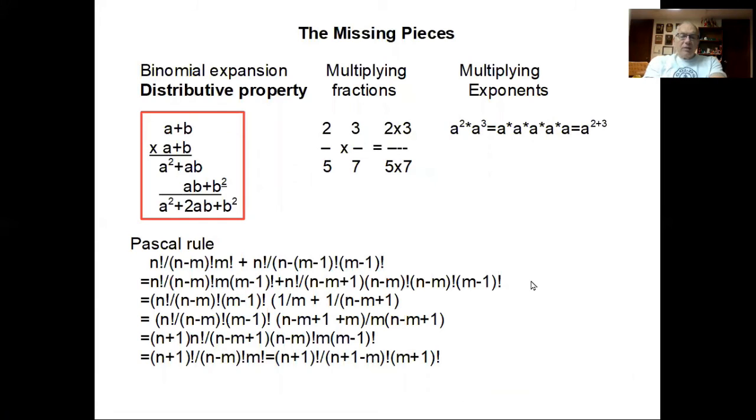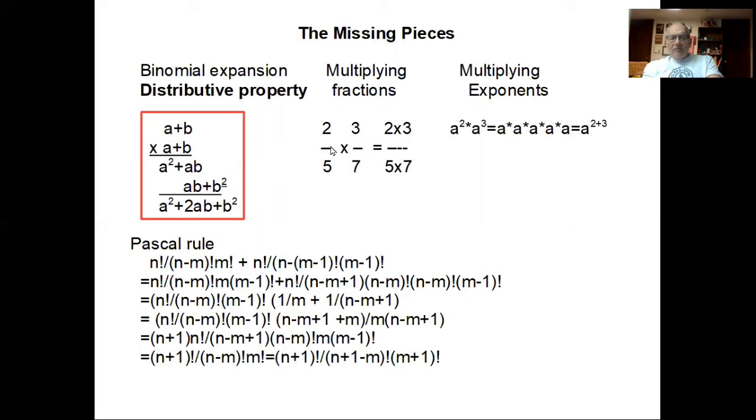But these are what the missing pieces are, which could be taught to a first grader, second grader, but are more appropriate to higher grades. Here we have the binomial expansion, which is basically the algebraic application of the distributive property where we substitute numbers instead of letters.